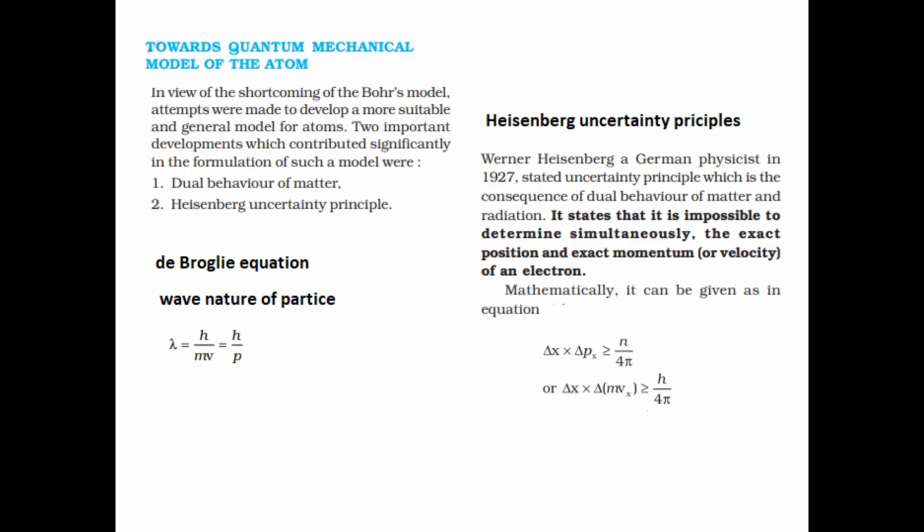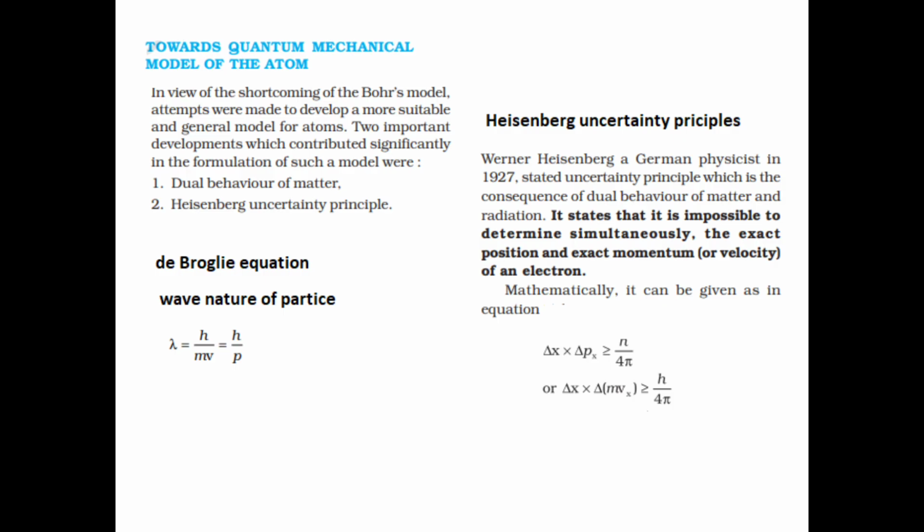Now coming to the quantum mechanical model of the atom. Two important developments which contributed significantly to the formulation of this model are: number 1, the dual behavior of matter, and number 2, the Heisenberg uncertainty principle. The de Broglie equation gives the wave nature of the particle as lambda is equal to h by mv.